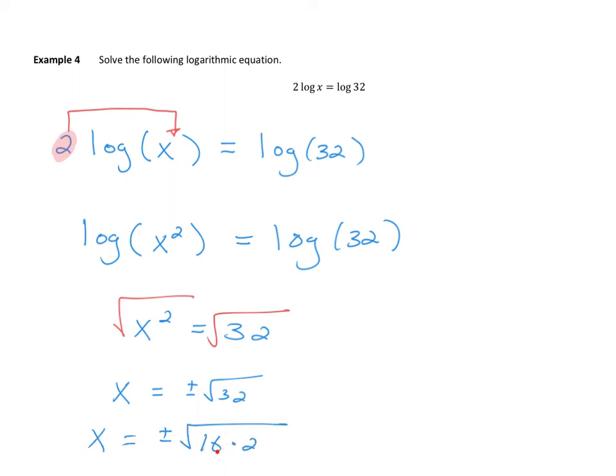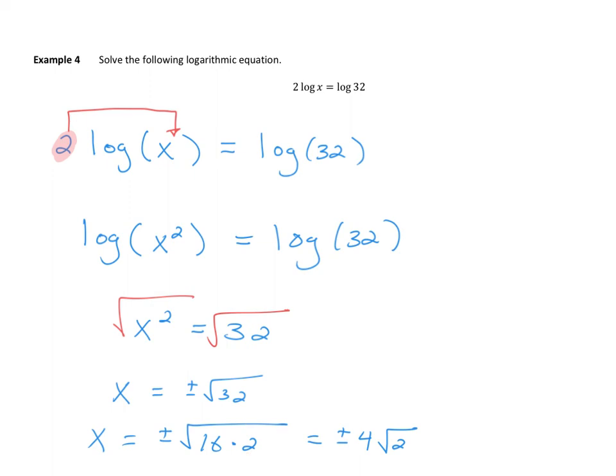Having a perfect square under a square root when you have a product is nice because you can take the square root of these things separately. The square root of 16 is 4. Here we're not going to do anything to the 2. We're not going to take the square root of it at all. This is plus or minus 4 root 2. So the 4 because we are taking the square root of 16, but root 2 because we're not. We're just leaving it under the square root and doing nothing to it.